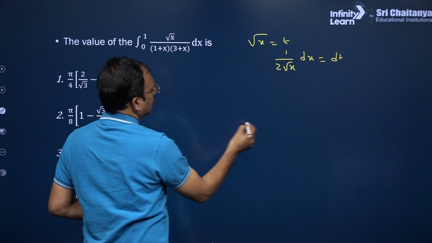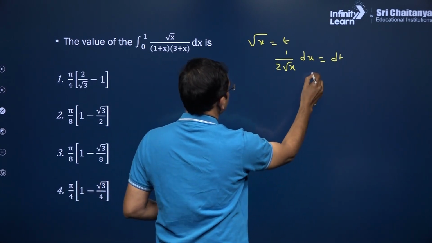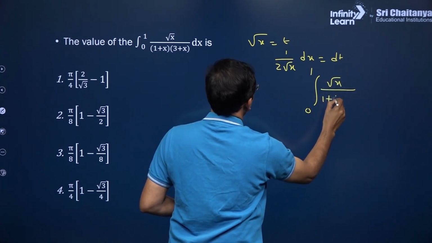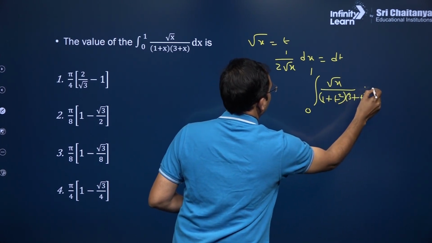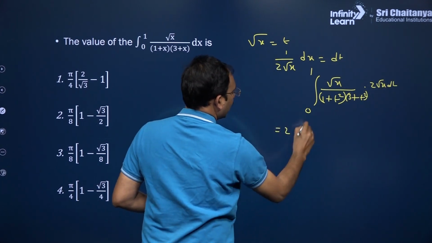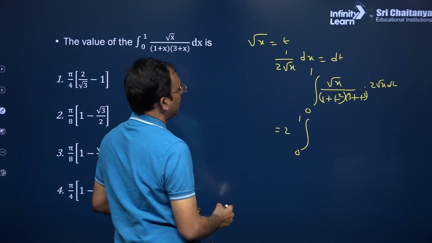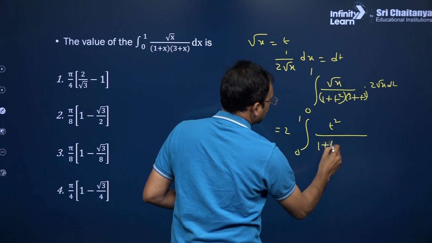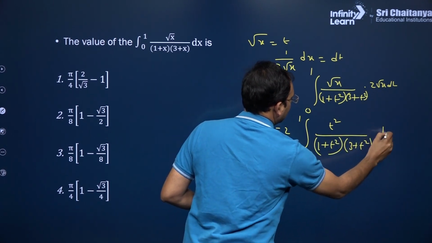So I can say the definite integral becomes, when x is 0 t is 0, when x is 1 t is 1, this is root x by 1 plus t square into 3 plus t square, but dx can be written as 2 root x dt. So, friends, 2 times integral 0 to 1, root x into root x is x, you can say t square by (1 plus t square) into (3 plus t square) dt, my dear friends.